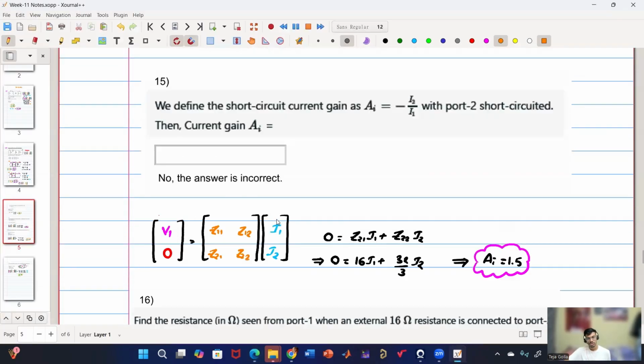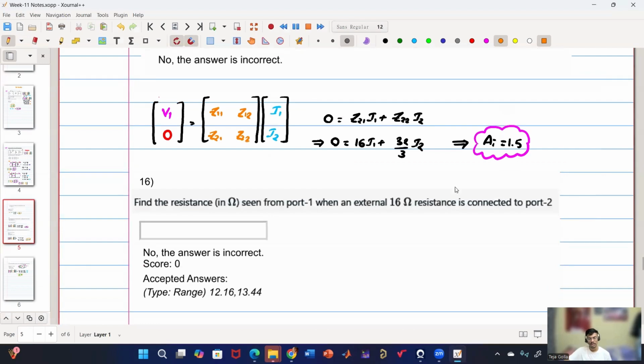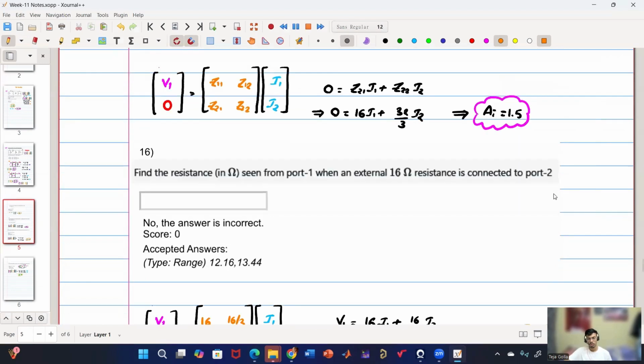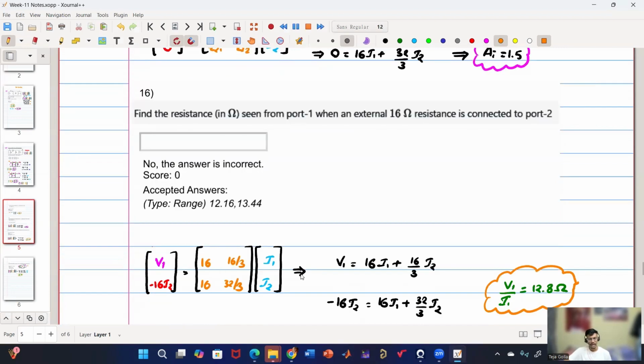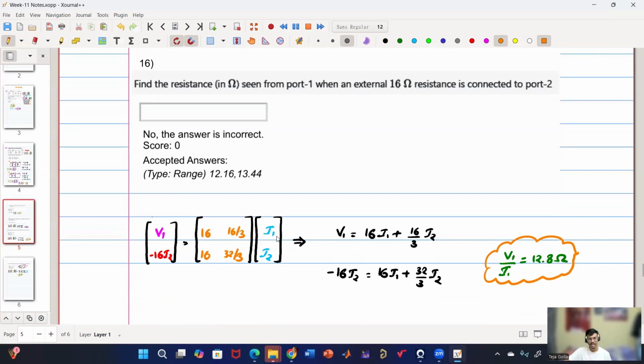Then we have solved for the resistance seen from port 1 when 16 ohm is connected on port 2. In this case, V2 will be minus 16 I2, and we have substituted it and converted these two equations into a single equation in terms of V1 and I1, from where we got the V1 by I1 ratio, which is 12.8 ohm and is also in the range.